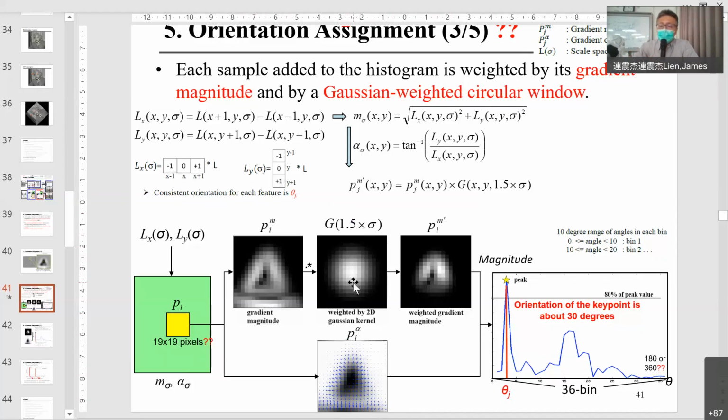Remember, Gaussian weight, Gaussian distribution, the summation of the Gaussian distribution, the area equals 1. So this means you reset the distribution. There is Gaussian smooth to reset this one. So originally this one becomes more like a Gaussian.